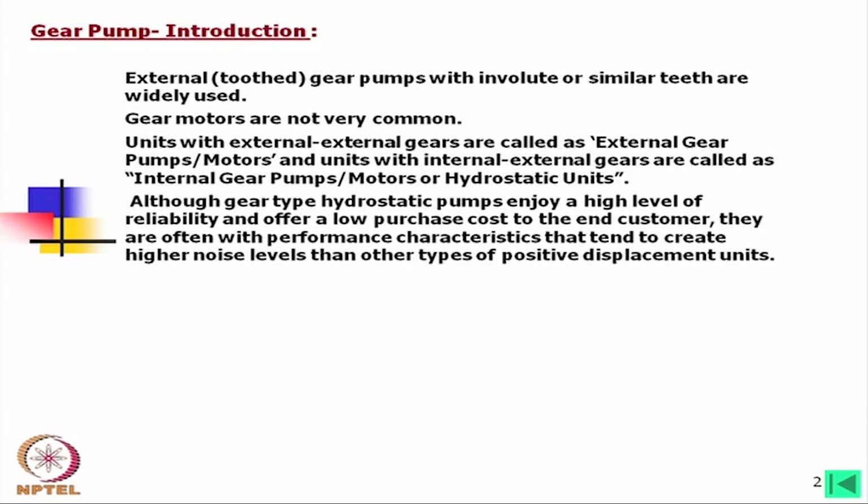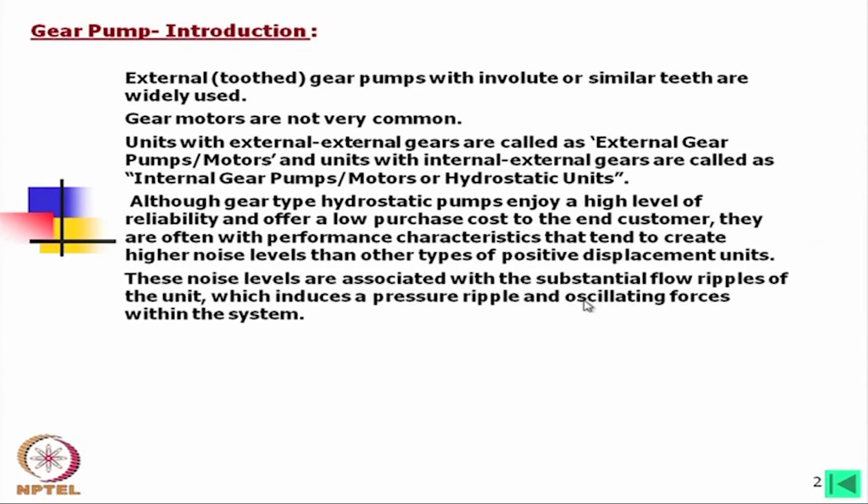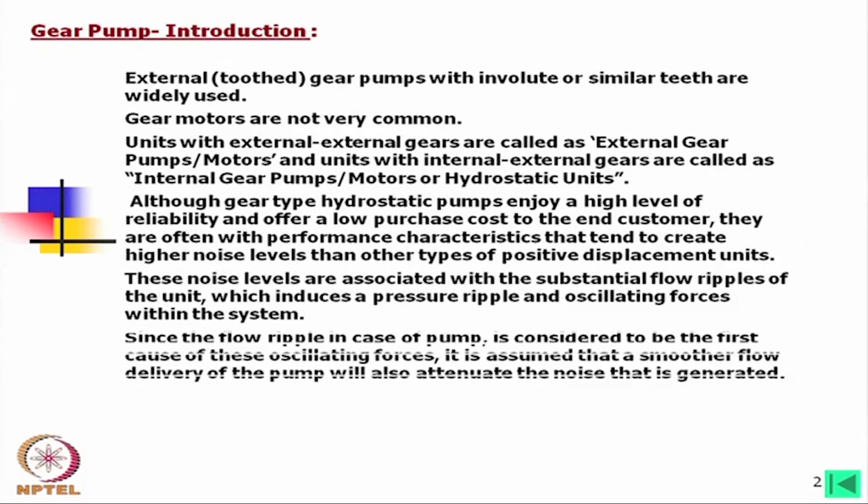Although gear type hydrostatic pumps enjoy a high level of reliability and offer a low purchase cost to the end customer, they often have performance characteristics that tend to create higher noise levels than other types of positive displacement units. These noise levels are associated with the substantial flow ripples of the unit, which induce a pressure ripple and oscillating force within the system.